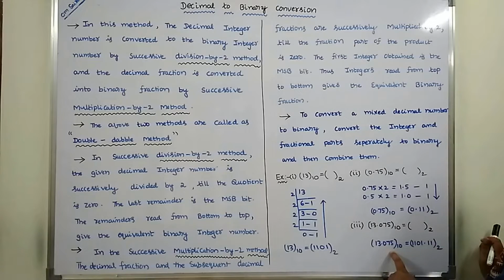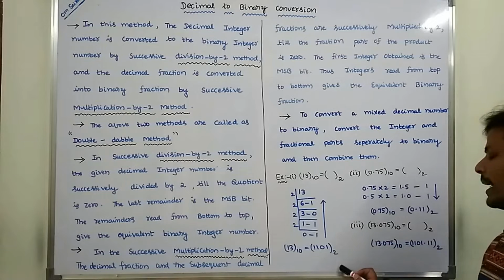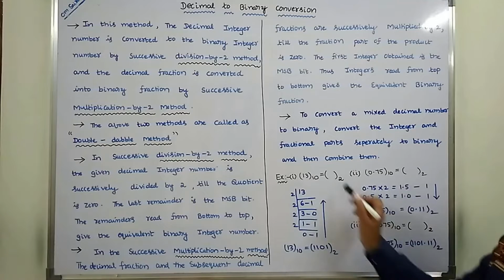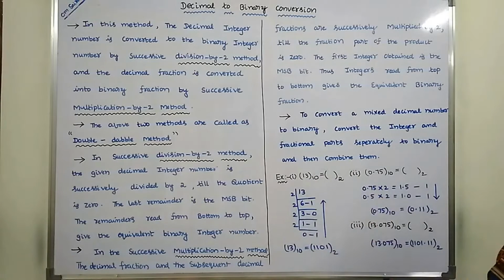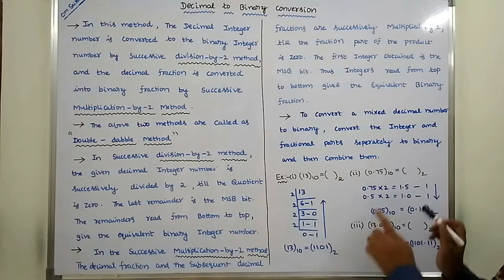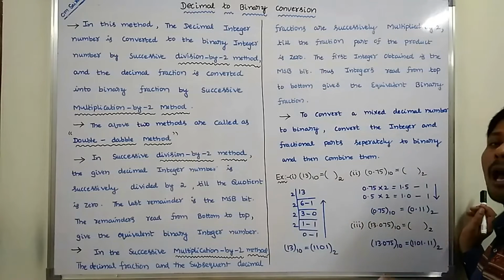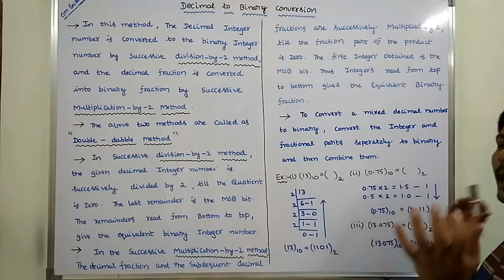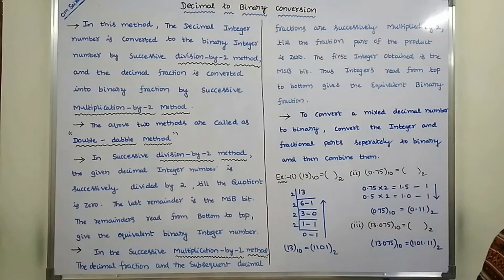So here, 13.075: we separate the decimal integer number and this part is the decimal fraction number. The decimal integer number is this subproblem and the decimal fraction number is this subproblem. These two subproblems can be solved independently. Then whatever results we get from the two subproblems, we combine them.